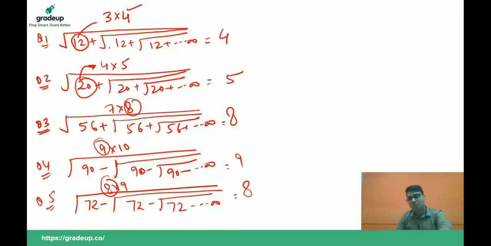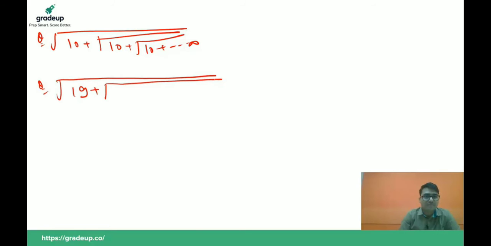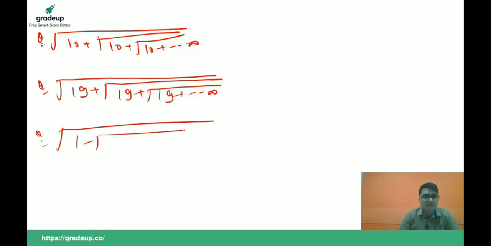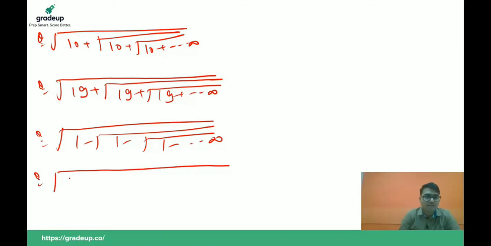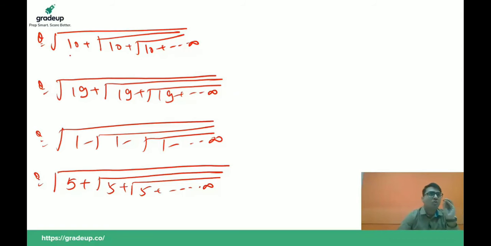Alright guys, what will you do if you are having these types of numbers which can't be split into consecutive factors?